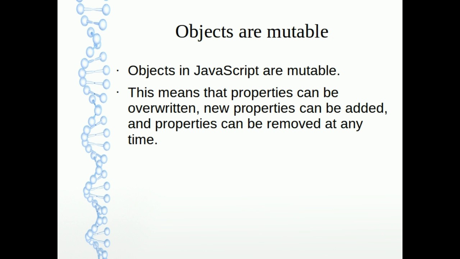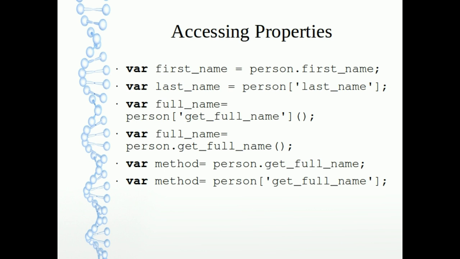Objects in JavaScript are mutable. This means that properties can be overwritten, new properties can be added, and properties can be removed at any time. Here are some examples of how we can access an object's properties. Notice that in the first example we say person.firstName, and in the second line we say person open square brackets, open quotes, lastName, close quotes, and close square brackets.